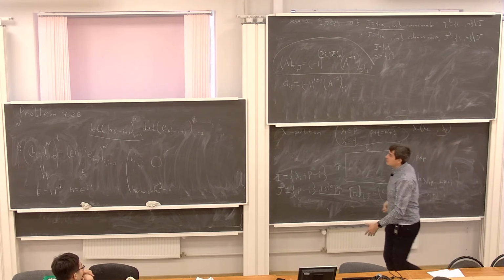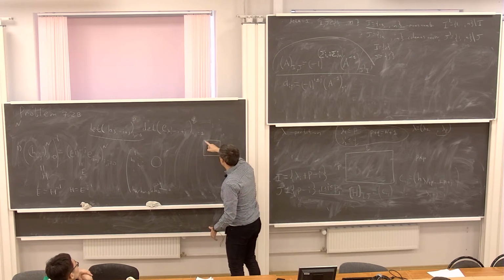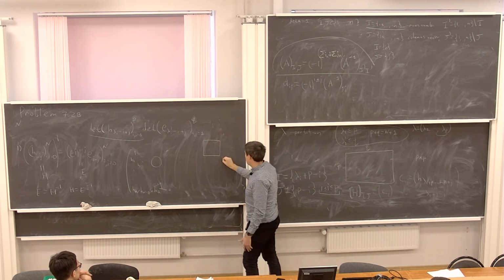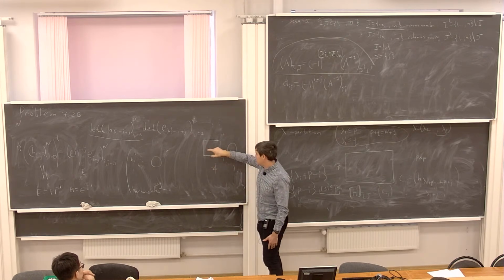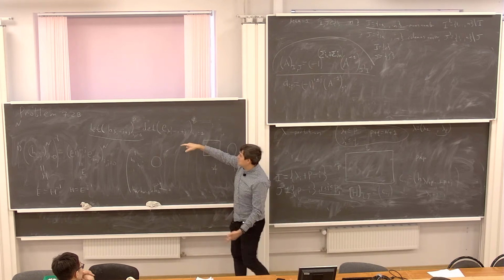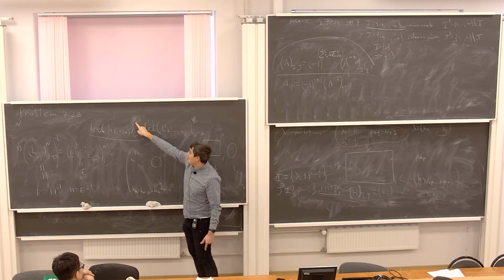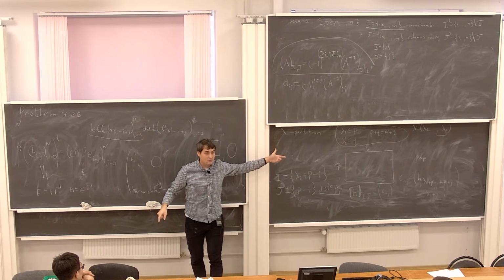Your matrix looks like this. If you have partition lambda, you have a block which corresponds to non-zero lambdas, and here you have 1, 1, something like this, and the determinant is this times 1.